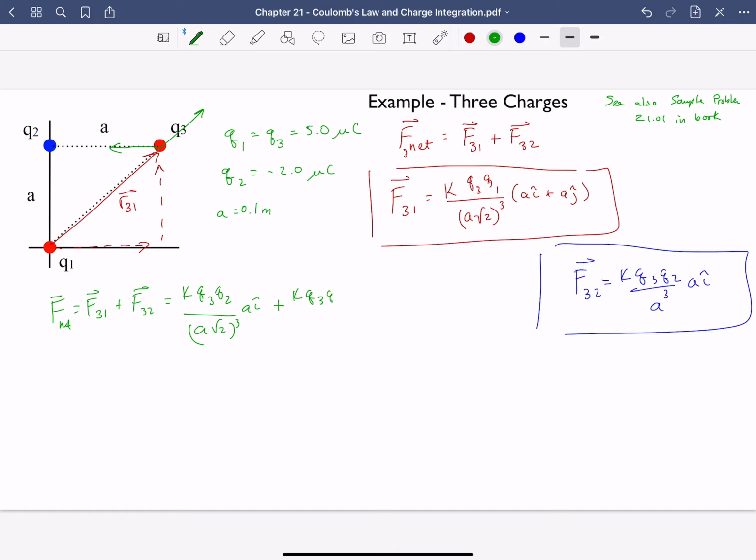K, Q3, Q2 over A squared root of 2 cubed, A J hat. And then to that, I'm going to be adding in F32, which goes in right here. That's going to be KQ3Q2 all over A cubed, A I hat.